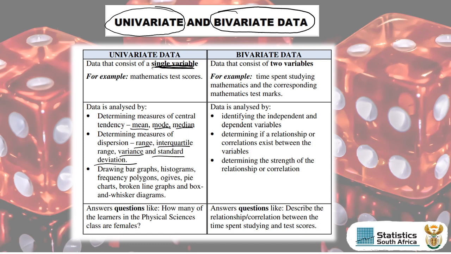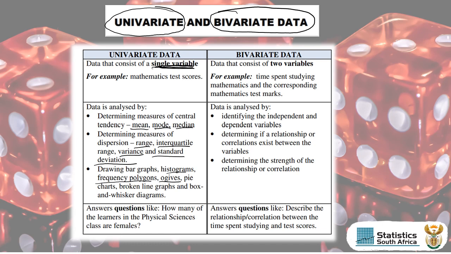And also you saw that with your univariate data or single variable data, you're also asked to draw bar graphs, histograms, frequency polygons, ogives, pie charts, broken line graphs, and box and whisker diagrams.